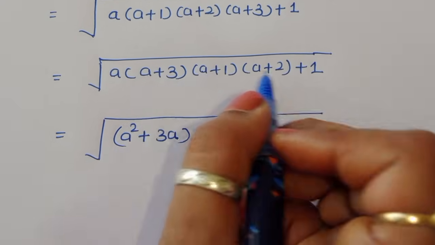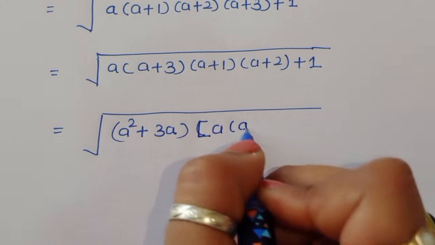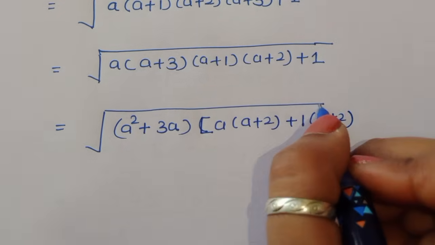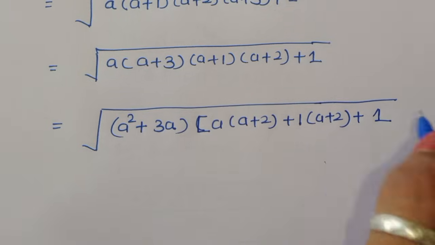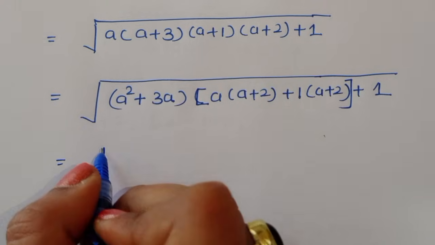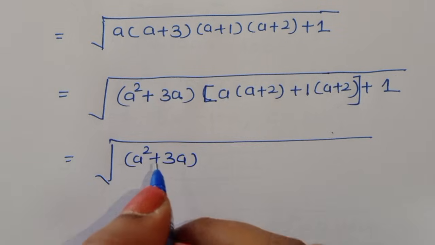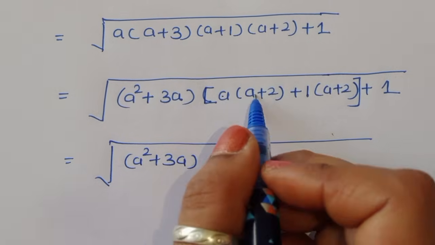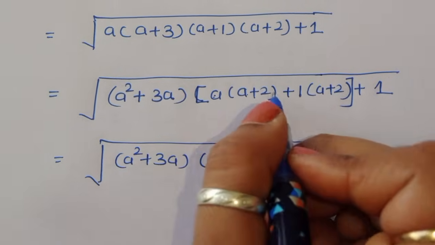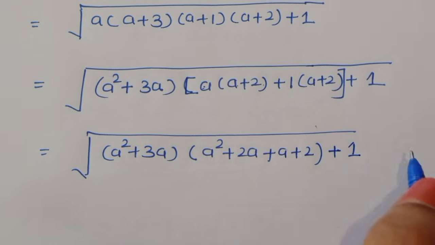Next, a plus 1 times a plus 2, plus 1, is equal to a square plus 3a, times a square plus 2a plus a plus 2, plus 1, right?